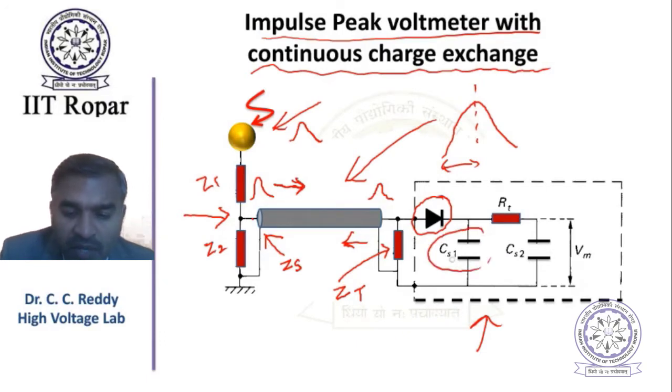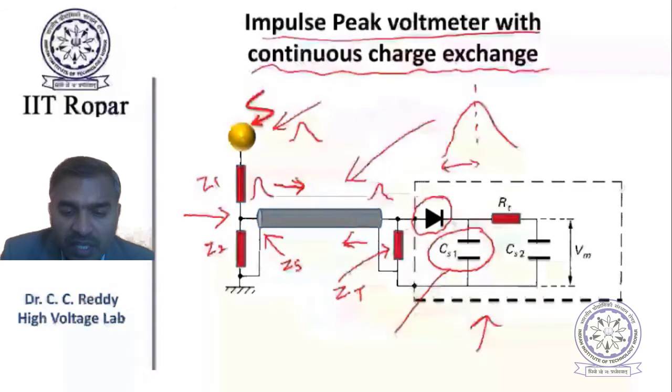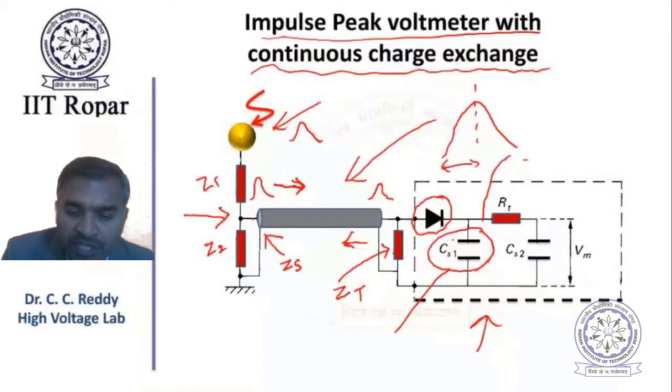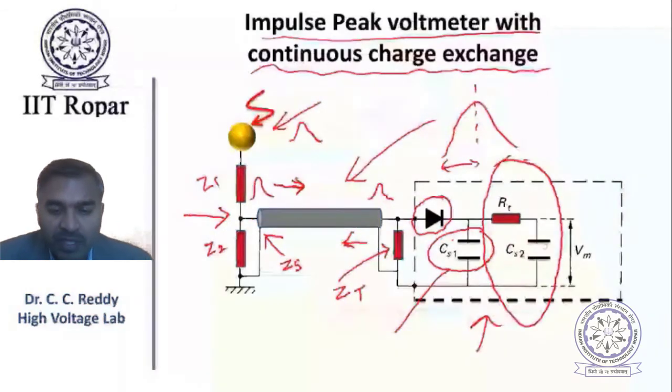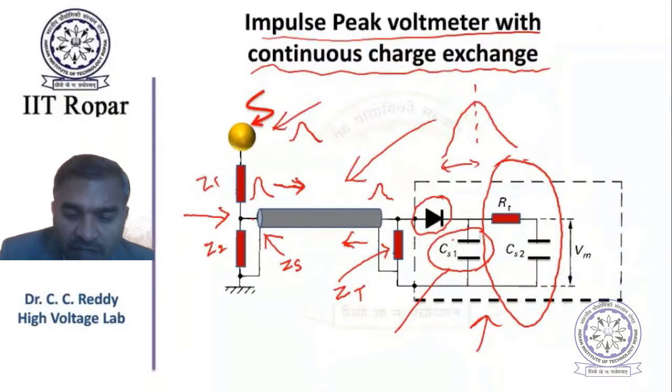So until now we have had only one diode and one capacitor, and here itself we had some resistance in parallel with this capacitance. But now this RT into CS2, this additional branch has come into the picture. So RT and CS2. This is for the purpose of charge exchange and for mitigating the difficulties in reading the value of CS1.